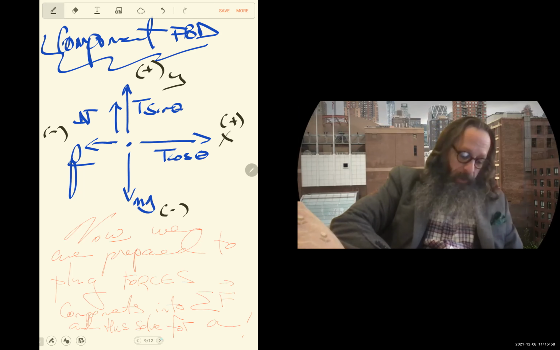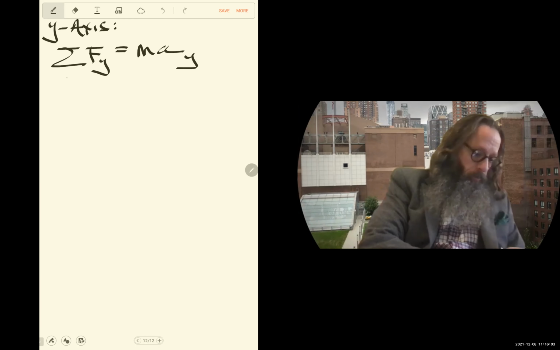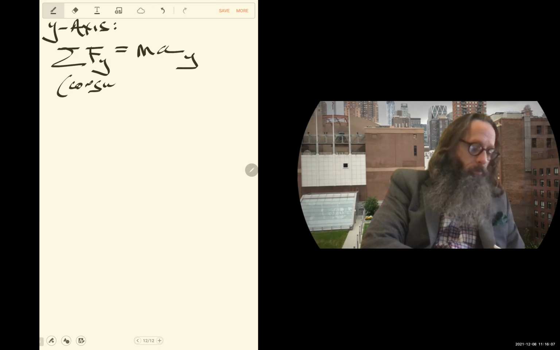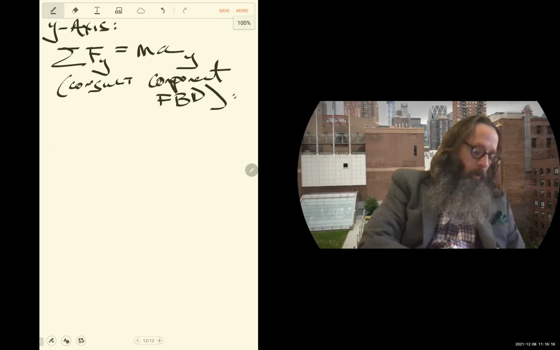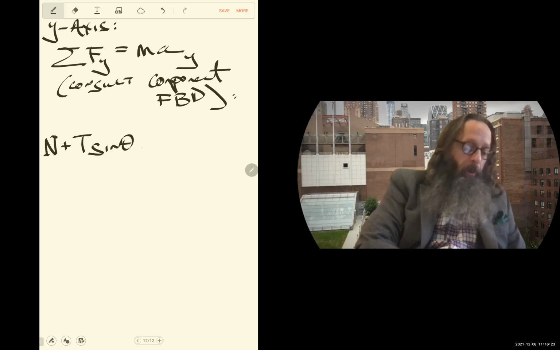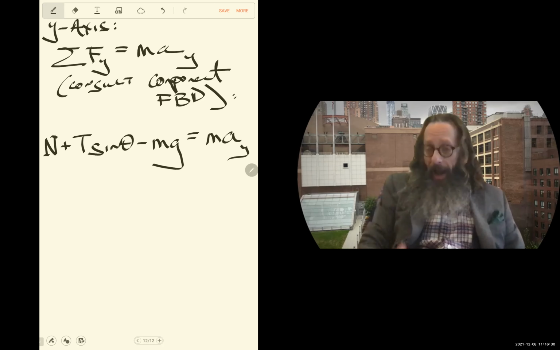In other words, what I'm saying is this: normal up plus sine component of tension up minus mg altogether equal ma on the y-axis.